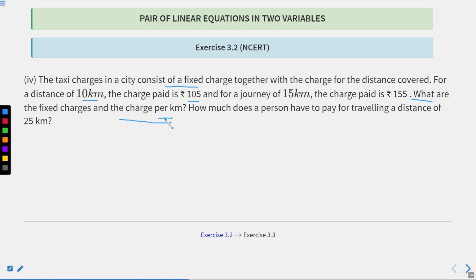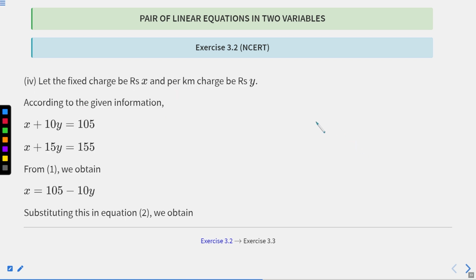Let us solve this problem. Let the fixed charge be rupees x and the per kilometer charge be rupees y. According to the given information, x plus 10y equals 105, and x plus 15y equals 155.